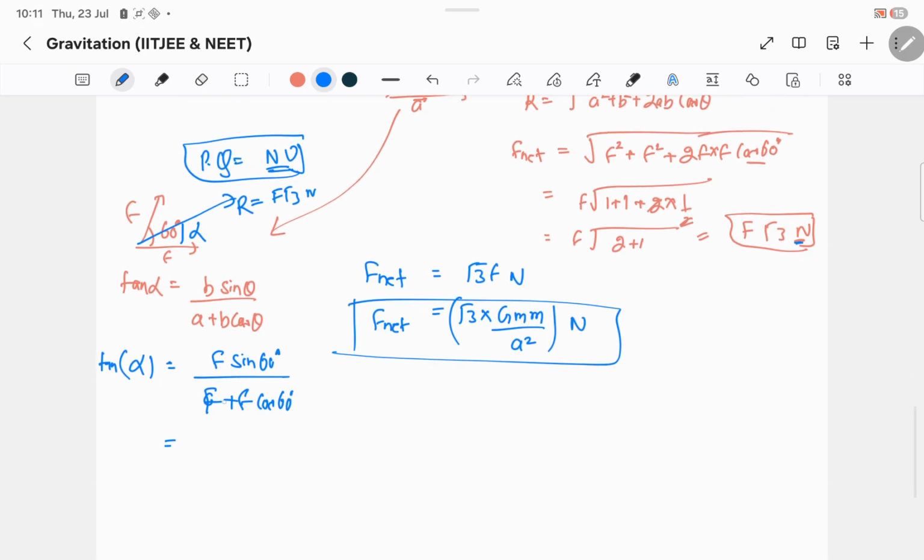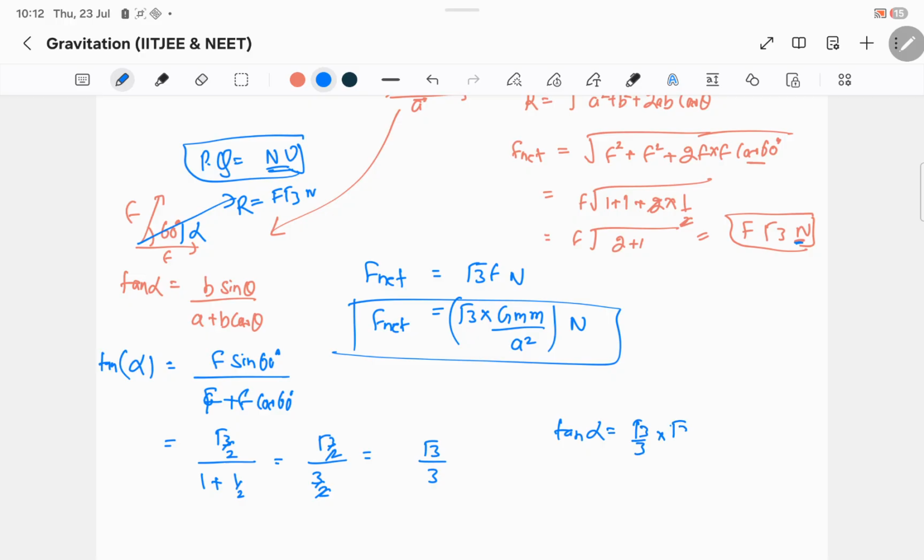By solving this, F will cancel out, you can take it in common and cancel. Sin 60 is root 3 by 2, and then 1 plus 1 by 2. So it will be root 3 by 2 over 3 by 2. So 2 will cancel, so root 3 by 3. Now you got tan alpha equal to root 3 by 3.